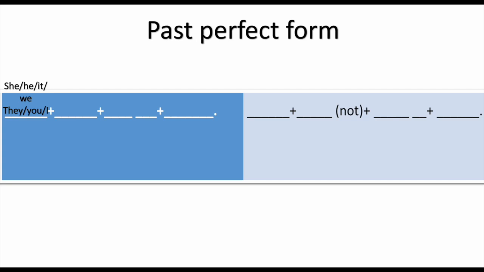Subject, all of them, plus had, plus past participle or third form of the verb, and the rest of the sentence. Negative form, subject, plus hadn't, plus past participle or third form of the verb, and the rest of the sentence.